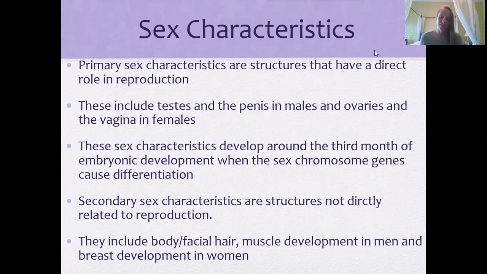And these sex characteristics develop around the 3rd month of embryonic development when the sex chromosome genes cause differentiation between males and females. And then these secondary sex characteristics are structures that are not directly related to reproduction, but are distinct between males and females. Those include things like body and facial hair, muscle development in men, breast development in women, things that tend to pop up around puberty.